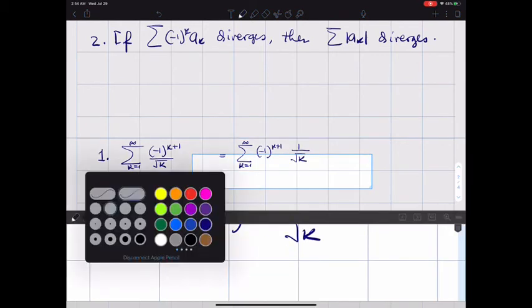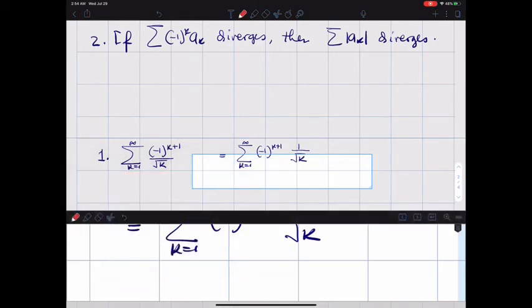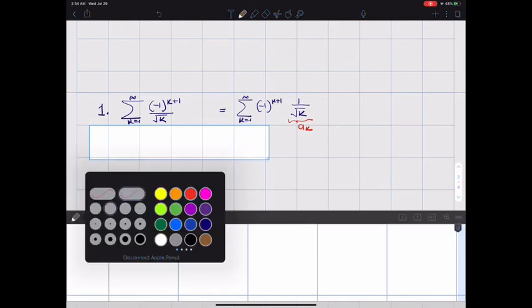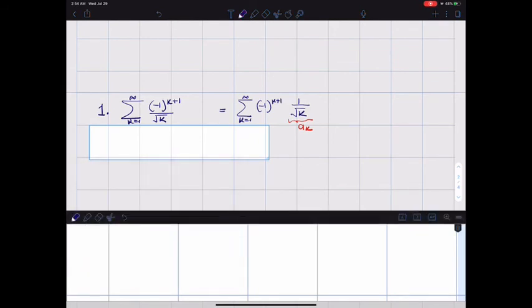Let's make it k plus 1. So we can write it in this form. This is our a_k, and so let's consider the summation k from 1 to infinity of 1 over square root of k.